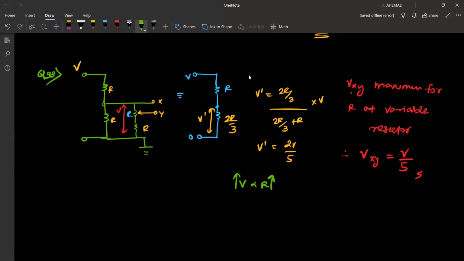So if the resistance was 0, then voltage will be 0. For maximum voltage, we need the maximum resistance R. So that is how I got R here. That's why I have mentioned Vx maximum for R of variable resistor. Okay, Sarah.